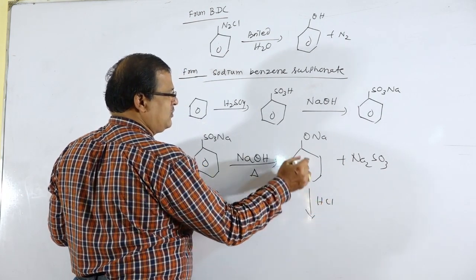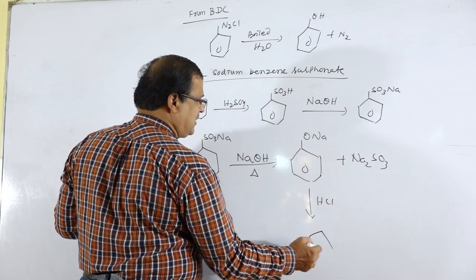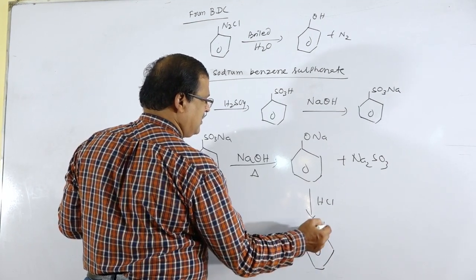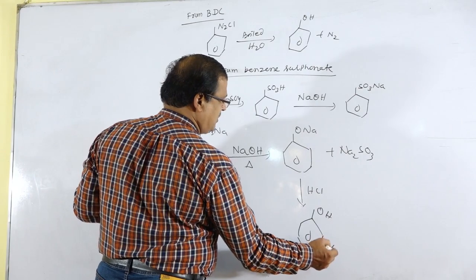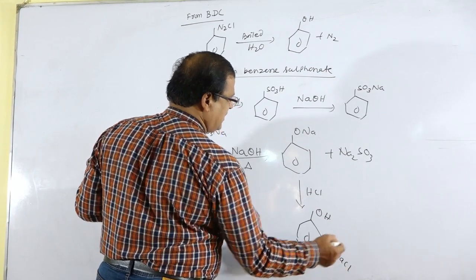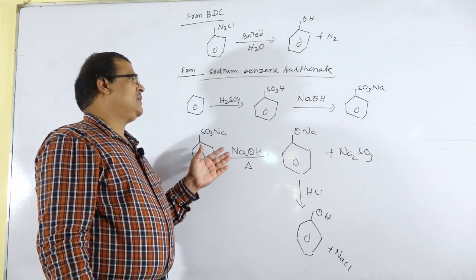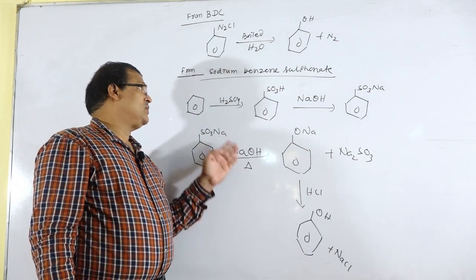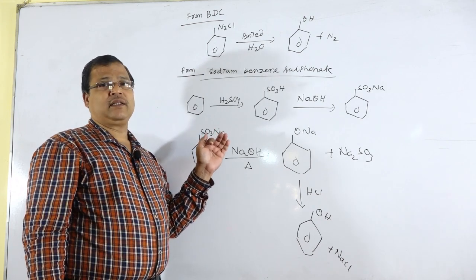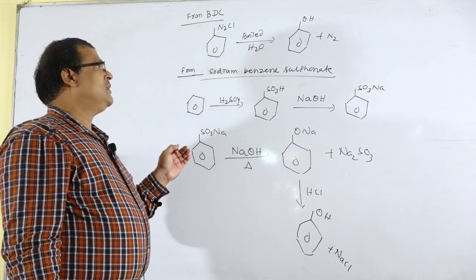On acidification with HCl, there is the formation of phenol, OH plus NaCl. This is one of the important methods of preparation of phenol from sodium benzene sulfonate.